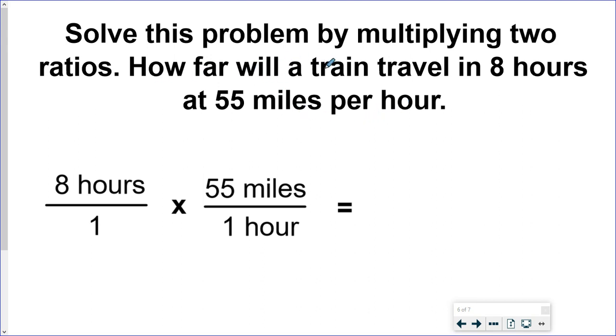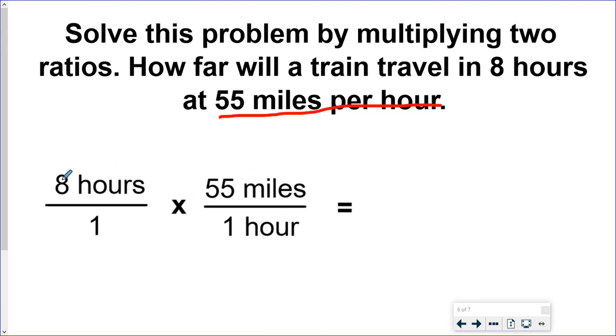So how far will a train travel? The first rate that you're going to write down is 8 hours, which is 8 over 1. Now here's my unit rate, 55 miles per hour. I have 55 miles over, the word per is that fraction line again, over 1 hour. So I have 55 miles over 1 hour.